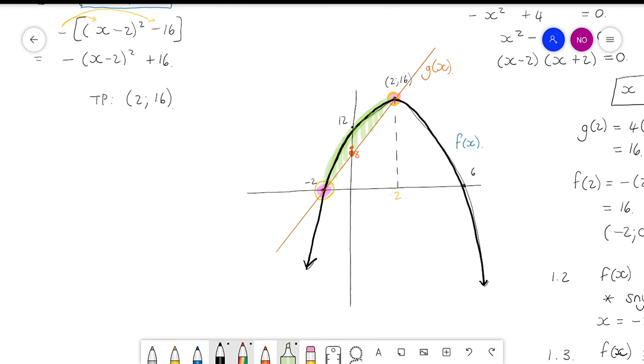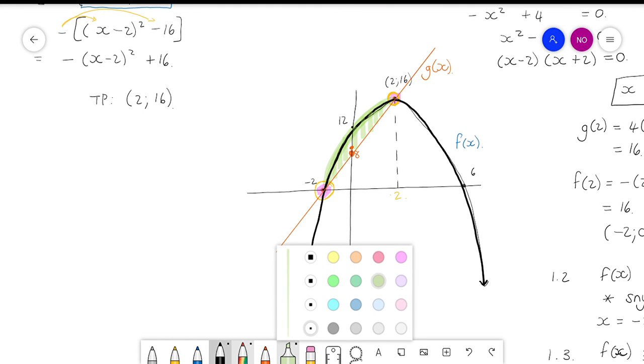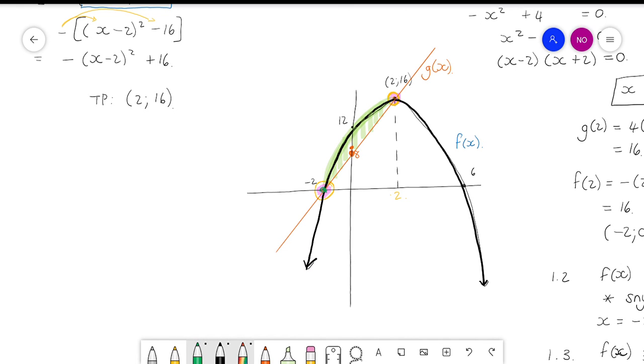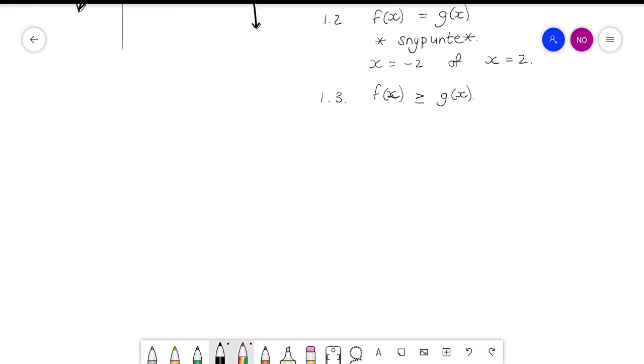And if we now look for x values, then it is from this one all the way to there. So for this one, we'll say for 1.3, it's bigger than or equal to negative 2 and smaller than or equal to 2.